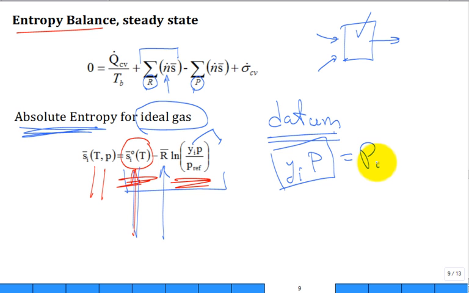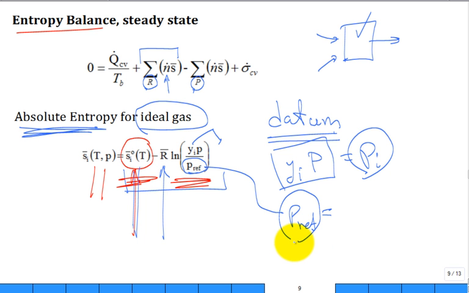But what is Y times P? The partial pressure. And so what you do is you normalize it to the reference pressure. Now, what do you think P ref is? Just take a guess. 1 atmosphere. Yeah. That's why in the header of that table they say 25 C or 298 Kelvin and 1 atmosphere pressure. Okay. So this is the partial pressure of that gas and the reference pressure.